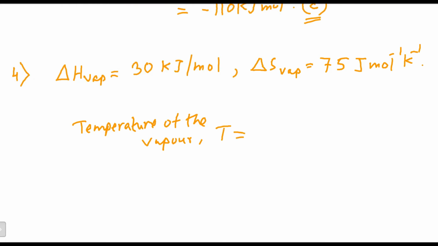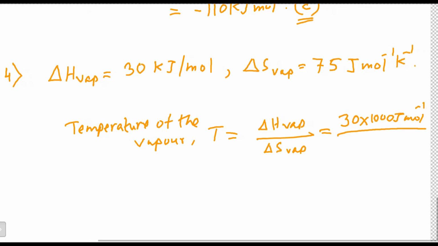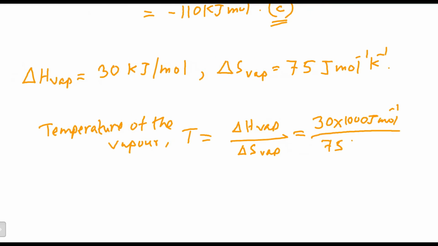For finding the temperature of the vapor, capital T, you just have to apply delta H vaporization by delta S vaporization, because delta H equals T delta S. So delta H vaporization is 30 kilojoule per mole, so 30 into 1000 joule per mole, converting kilojoule into joule, divided by 75 joule per mole per Kelvin.